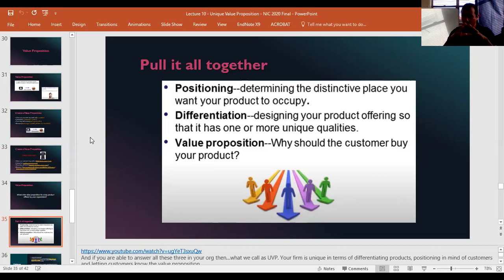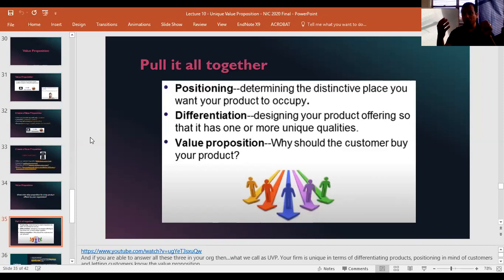So if you put all these three together, a good positioning statement, good differentiation, and a good value proposition statement, that will give you an indication towards a new construct that is known as unique value proposition. The concept of unique value proposition.